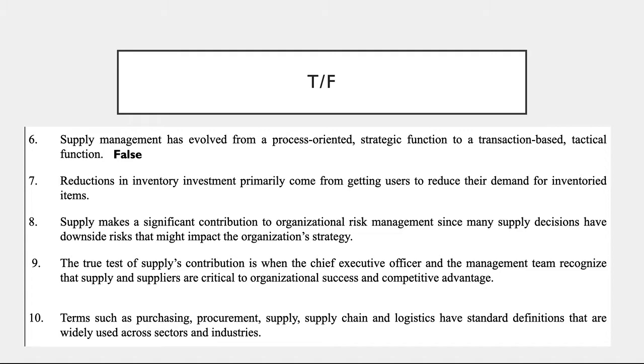Question number 7. Reductions in inventory investment primarily come from getting users to reduce their demand for inventoried items. So this statement is false, and if we have to correct it, we will say that reductions in inventory investment primarily come from getting suppliers to take over inventory responsibility and ownership.